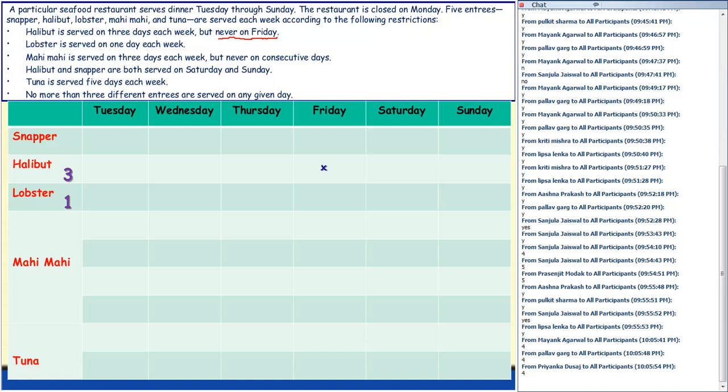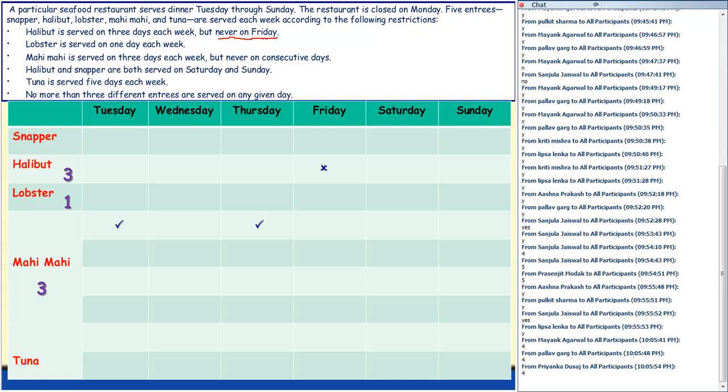Next one. Mahi mahi is served on 3 days each week, but never on consecutive days. So I'll write down all the cases which are possibilities. Let's start with Tuesday. Then after Tuesday, Wednesday नहीं हो सकता, Thursday. After Thursday, Friday नहीं हो सकता, but it may be Saturday as well as Sunday.